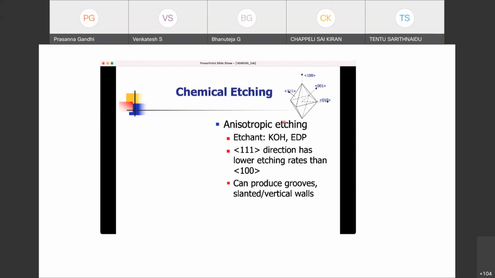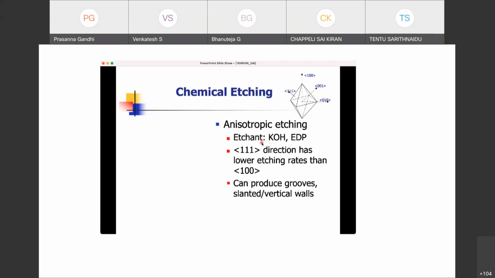That is the notion that people use. And a typical wafer will have a small little cut on the side which will indicate a 110 kind of direction. So those directions are important for anisotropic etching.